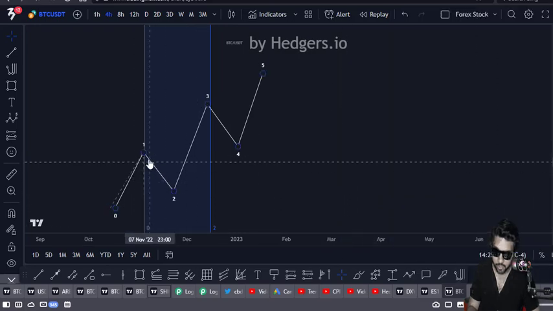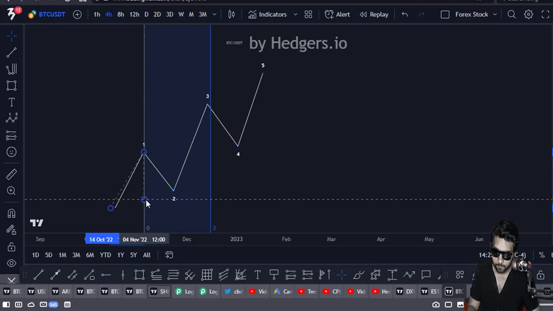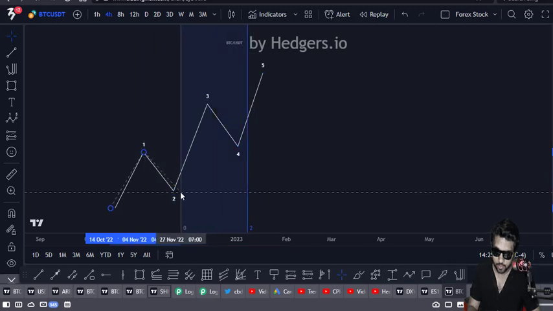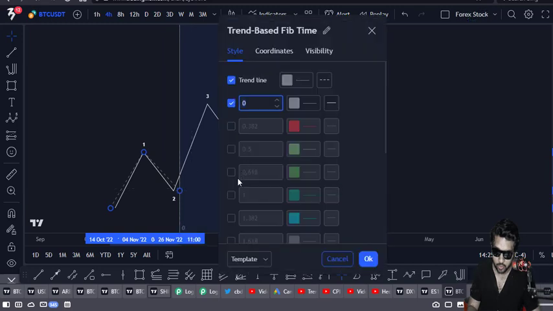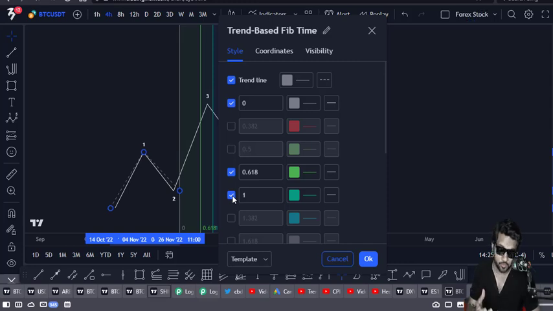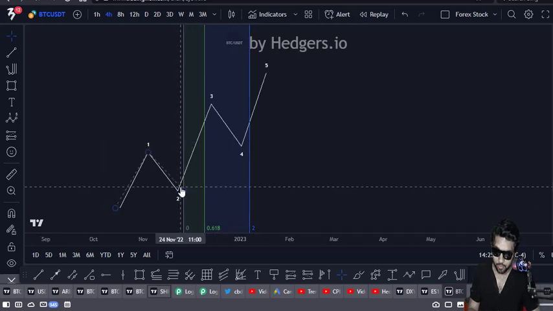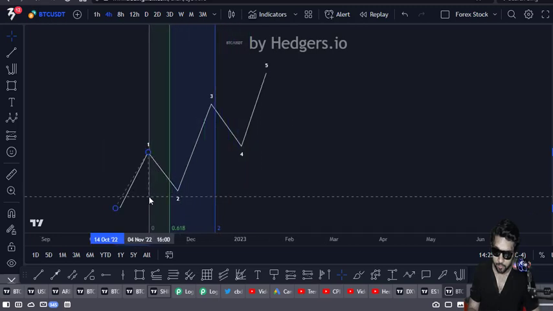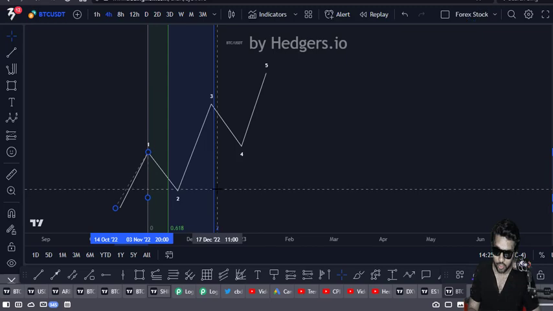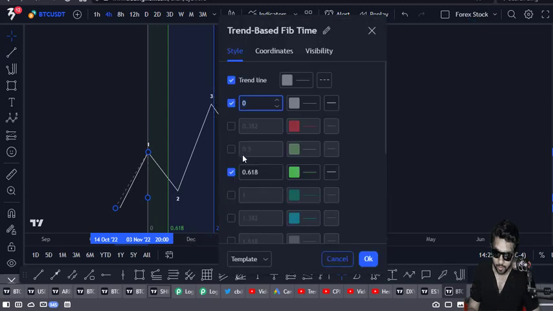Now you see here, sometimes people do this and use the 618 as well in terms of finding the vertical timing, but you can use this like here from 0 toward 2.